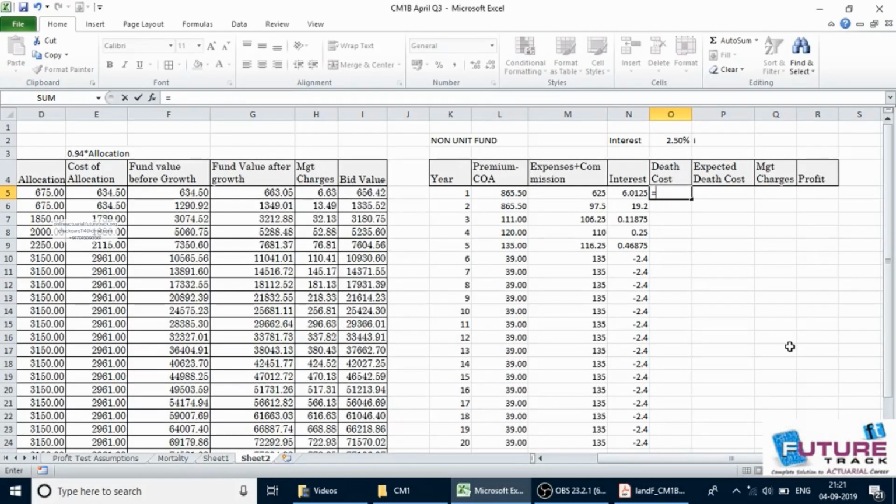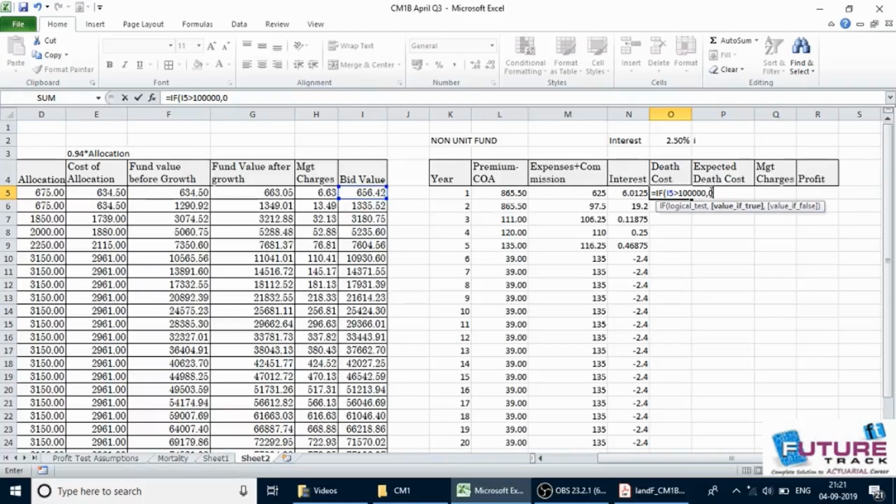So let's apply the if loop. We have to apply the logical test. What is the logical test? If this bid value is more than 1 lakh, right? So we are testing this. If it is true, we have to write the next point. So if it is true, then company cost is what? 0.